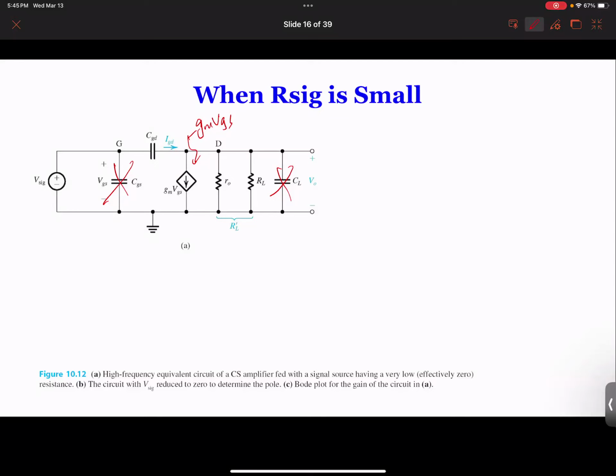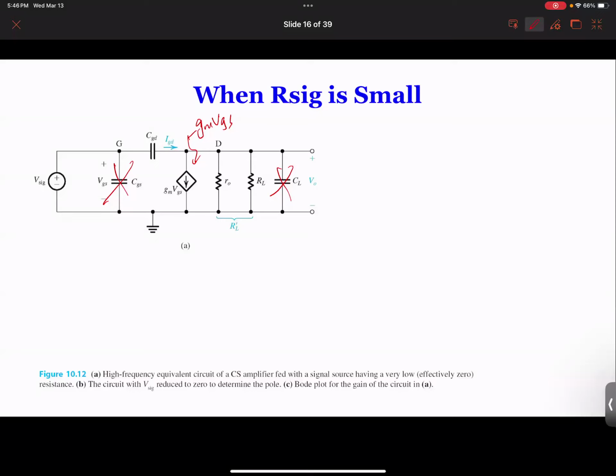Again, that CL may be so small that in comparison to RL, it does not make any difference to the gain that you calculate. But next week, we'll see that if you have some sort of capacitance, it will impact the low frequency response. Generally, it does not impact the high frequency response, so you can neglect it.